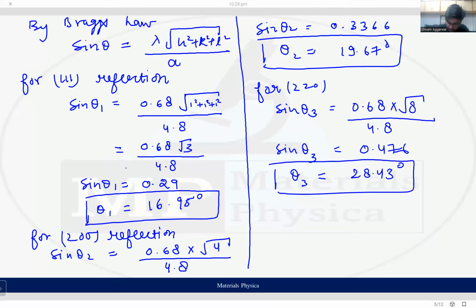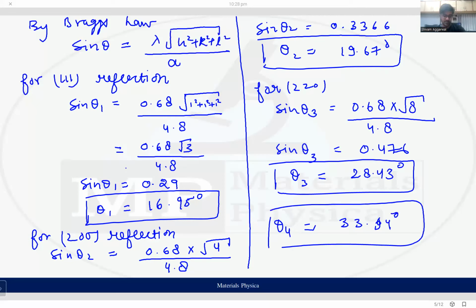And in a similar way, if we solve for theta 4, that would be 33.94 degree. These are the first four Bragg's angles at which reflection will occur. There are some more angles.